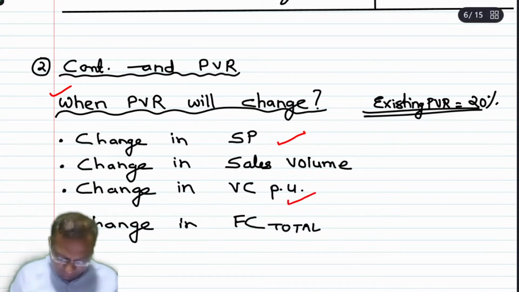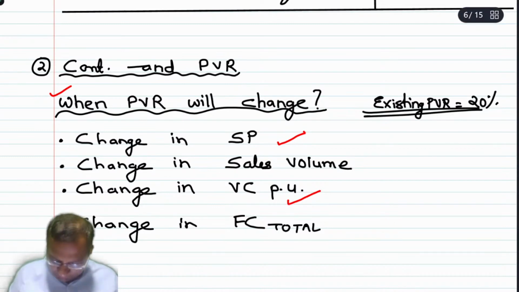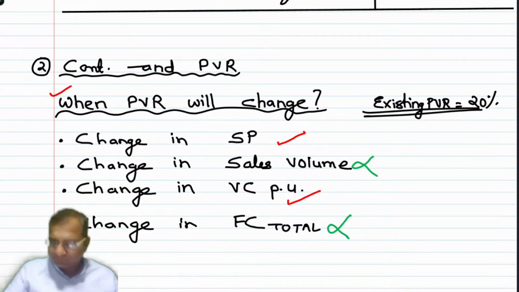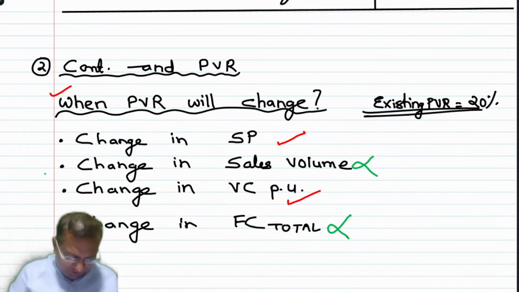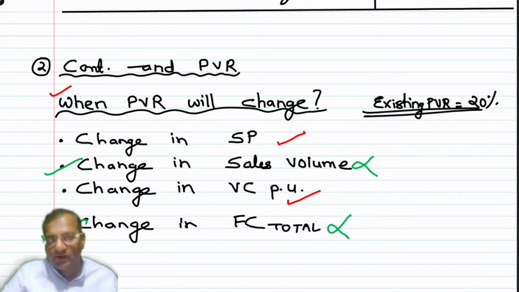Another situation in which my PVR will change is a change in variable cost per unit. While in case of change in sales volume and change in fixed cost total, there will be no change whatsoever in the existing PVR. In other words, the existing PVR can be used in situations number 2 and 4, while in situations number 1 and 3, we have to calculate a revised PV ratio.